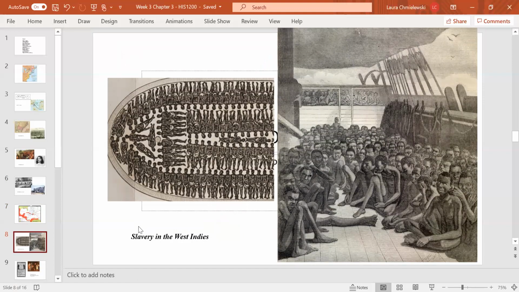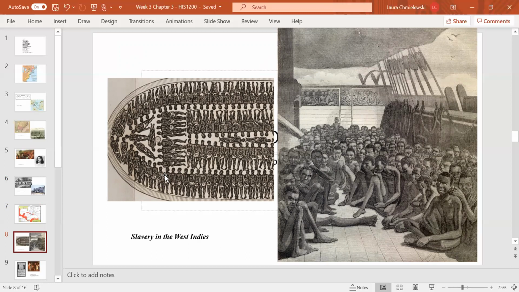So slave traders would pack their ships as tightly as they possibly could. So you can see all of these figures here, all of these are human beings, and these human beings are shackled together below the deck of a vessel that was no doubt hot, that no doubt reeked of the byproducts of seasickness, and human digestive effluvia, and every bad thing you can think of.